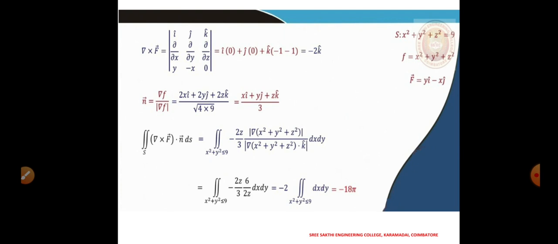So this is the projection on the xy plane, this disk x squared plus y squared less than or equal to 9.